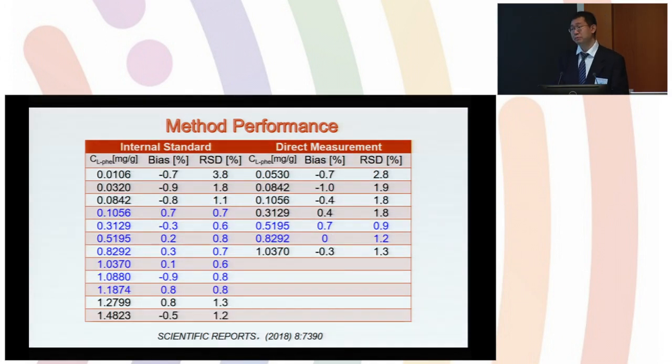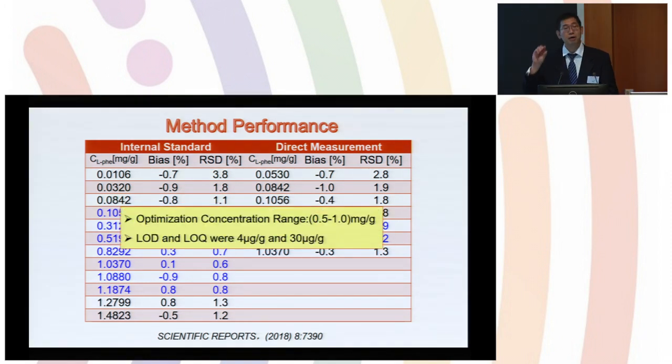Then we use HPLC-CD to separate L-phenylalanine from the mixtures and to validate the theory. In this approach, the optimal range is from 0.5 to 1 milligram per gram. So this optimal range is very narrow. However, in this narrow range, both bias and relative standard deviation are smaller than 1%.